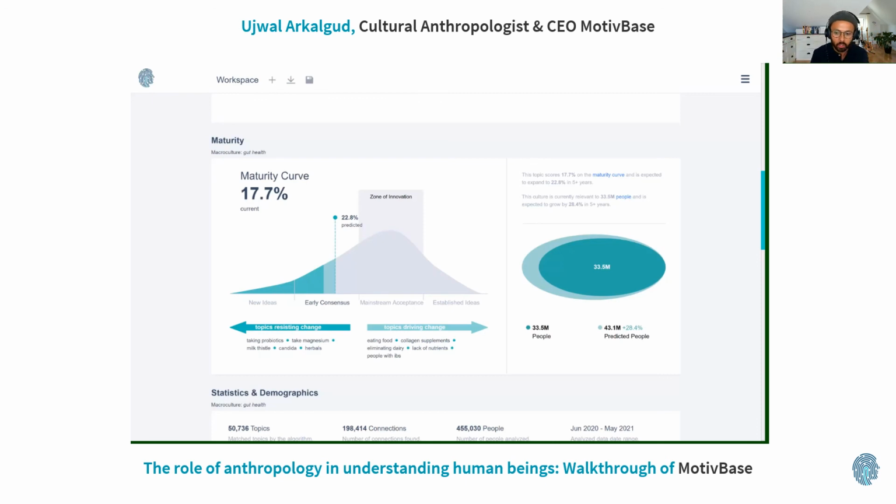So that's maturity. The second number is population. That's much easier. Population is very simple. We're just looking at and extrapolating the number of users that are touching a particular topic in the broader context over the course of 1 year. So this is basically 33.5 million people have come into contact with the broader context of discussions around gut health over the course of 1 year.